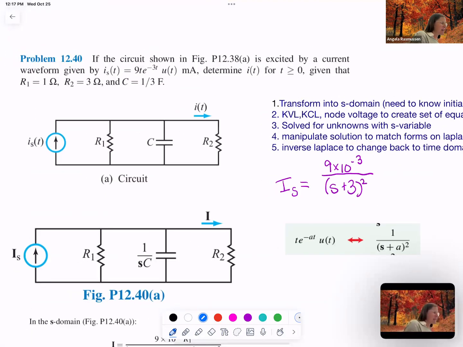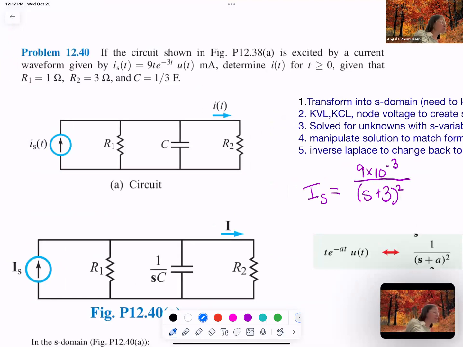All righty. Okay, here's a little bit more complicated input. So this one we have IS of T is 9T e to the -3T U of T milliamps, and we want to determine I of T, which is the current going through R2, and then use R1 is 1, R2 is 3, and C is 1/3.